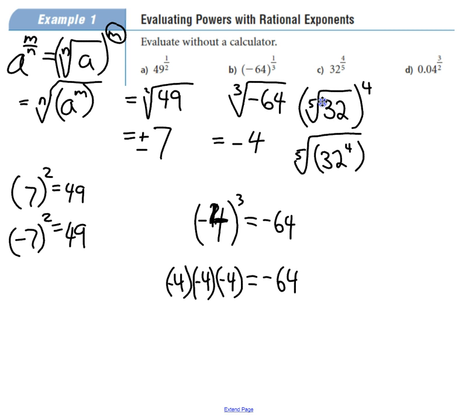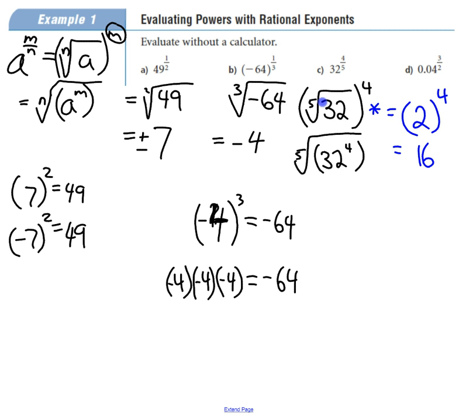Now 32 to the 4 is a pretty large number, whereas the 5th root of 32 gets smaller. So my preference is to evaluate the root first. It brings the size of the number down usually, and then apply the exponent afterwards. And in the case of the 5th root of 32, it's 2. Then apply the exponent of 4 afterwards, we get 2 to the 4 is 16.